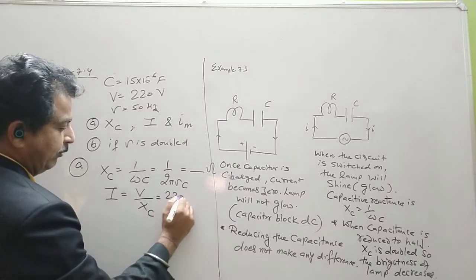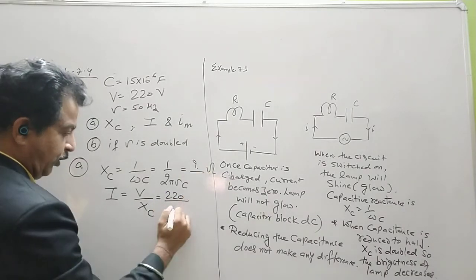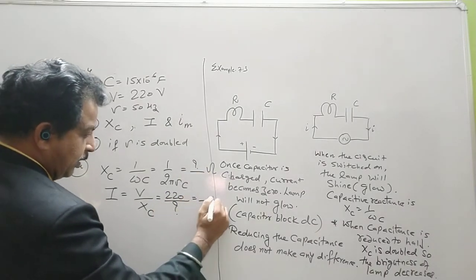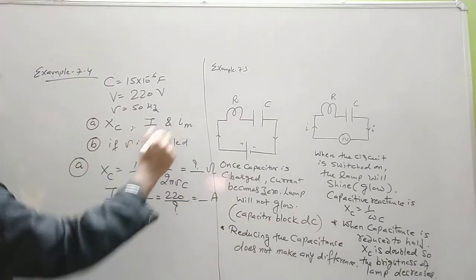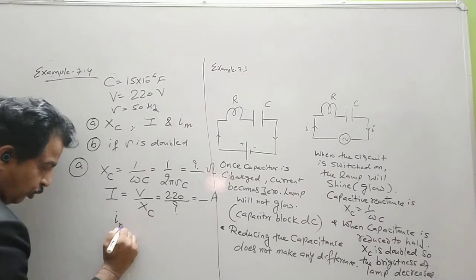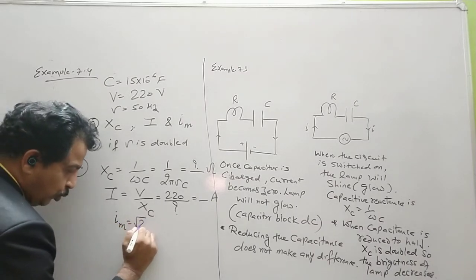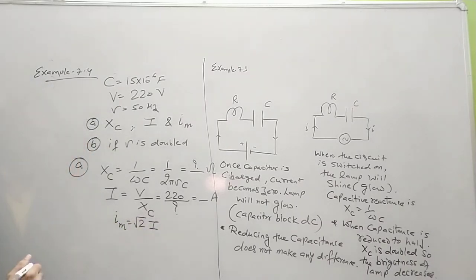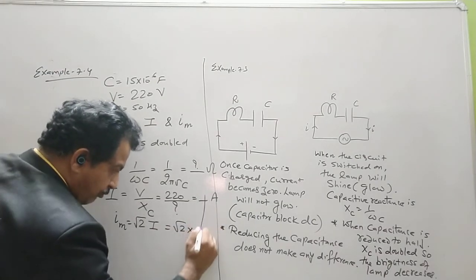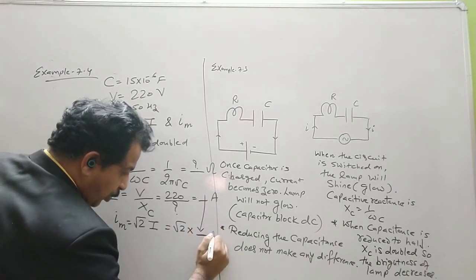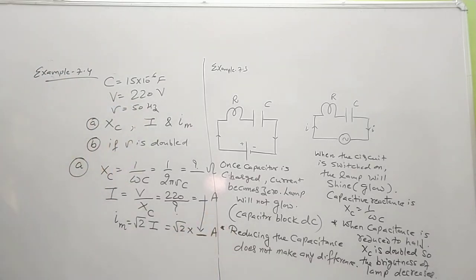So 220 volt divided by whatever value you get here, it will become some ampere. Then you have to find the peak value. We know that the peak value will be root 2 times the IRMS value, so substitute the value you got.